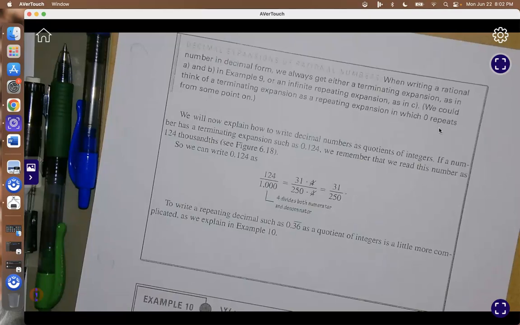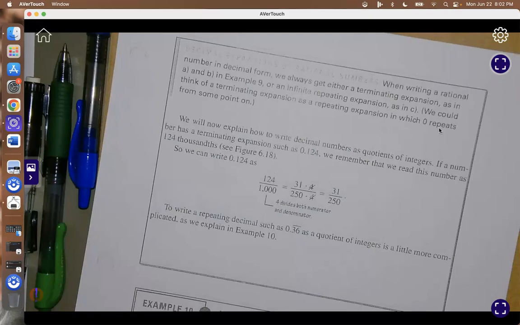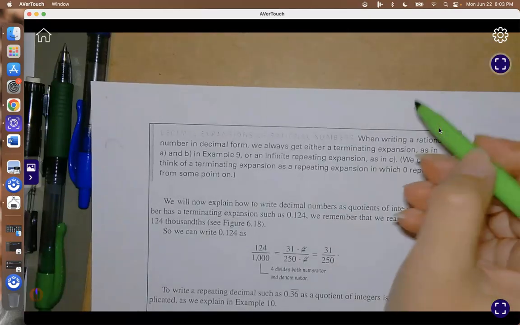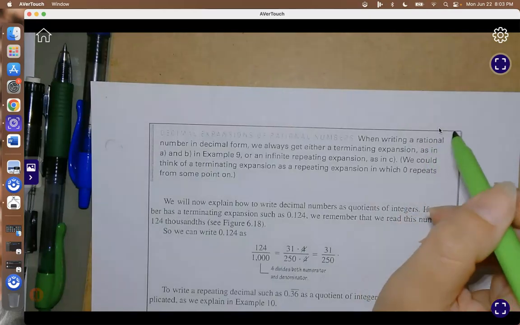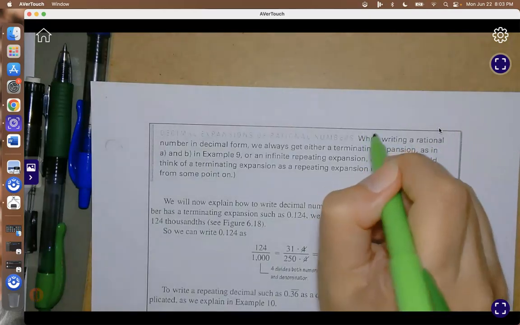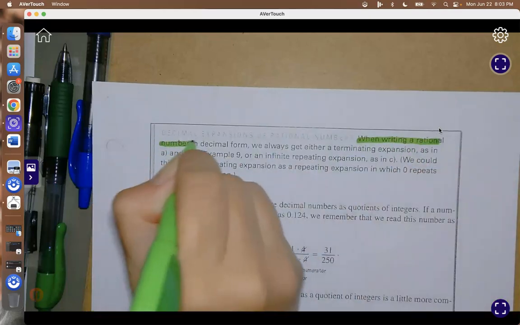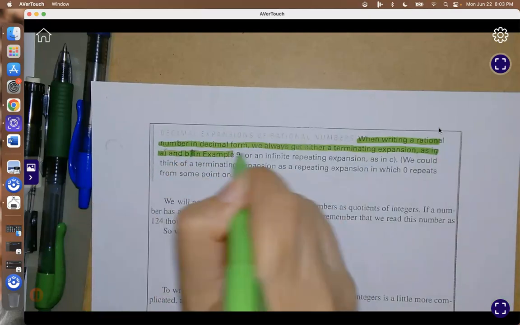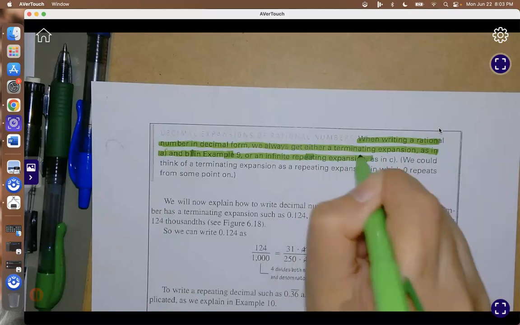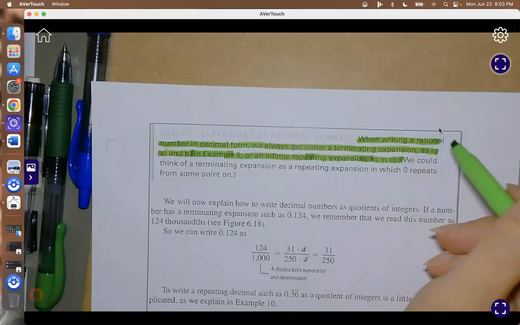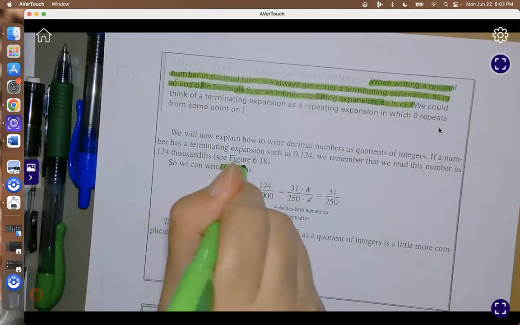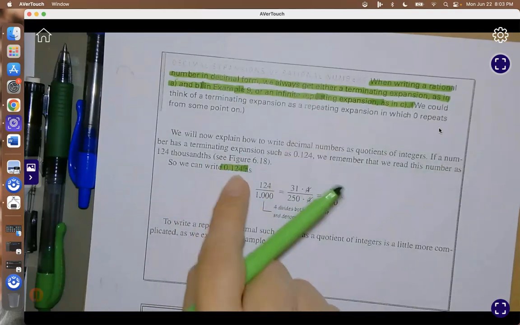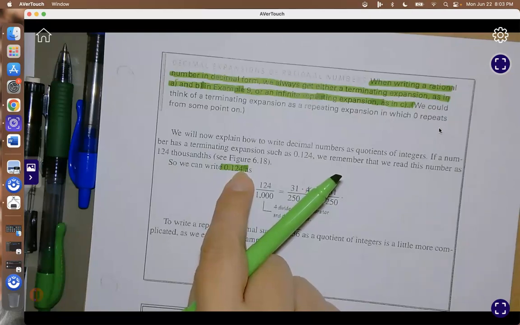Decimal expansions of rational numbers. Okay, so when writing a rational number in decimal form, we always get a terminal expansion, like we did in example 9, A and B, or an infinite repeating expansion like we did in C. Okay, so if we have one that ends, look at the position of your last figure.